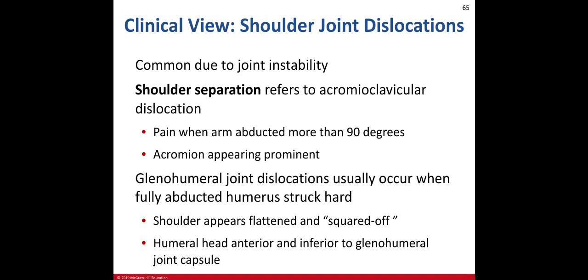Well, if you've got instability, you can have shoulder separation from that acromioclavicular dislocation, and you'll feel pain when you abduct your arm more than 90 degrees. You can also have a dislocation when you hit a fully abducted humerus hard, and then the shoulders will appear flattened and squared off. It's out of that socket, basically.